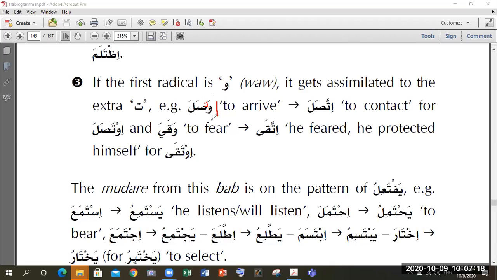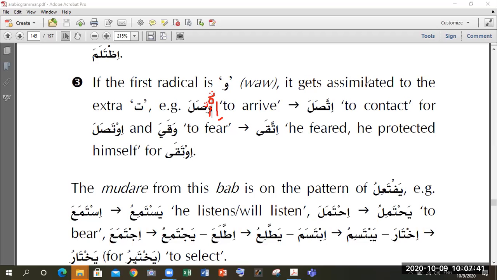Now look at it. We can't even read it because we have to give it sukoon. How will you read it? We cannot. So we will remove this wow and put one more ta.